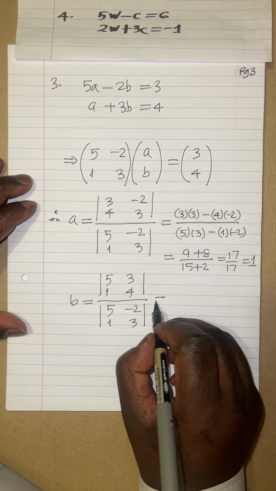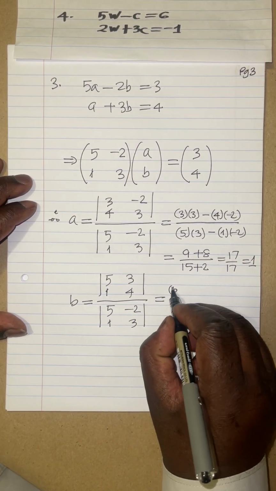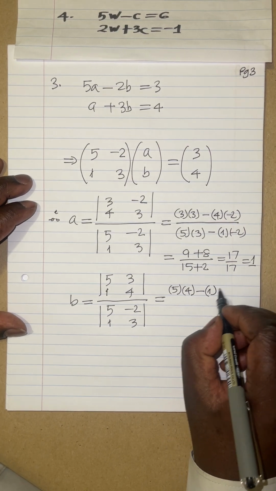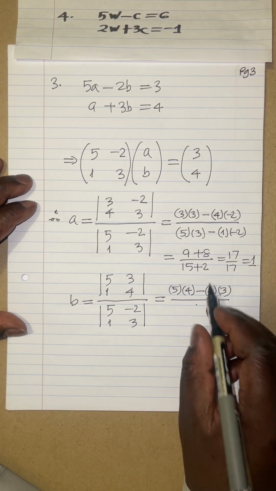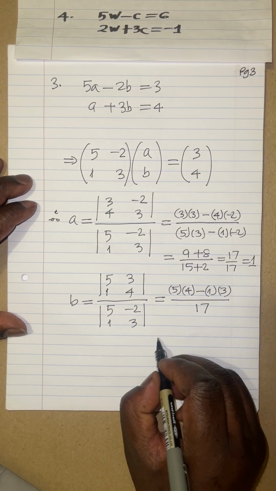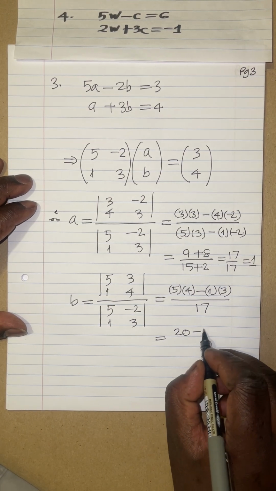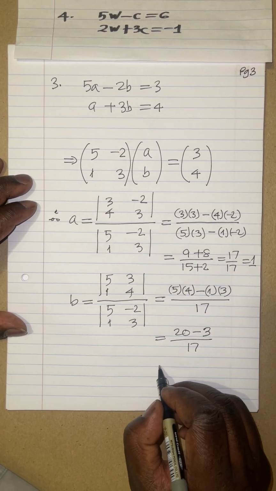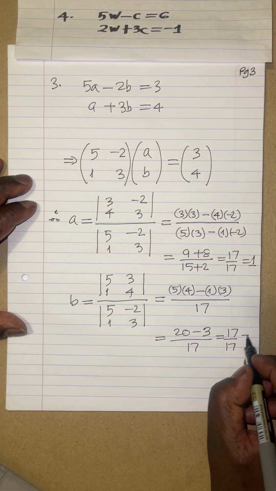We know the result in the denominator, but in the numerator we have 5 times 4, the product of elements on the right diagonal, minus the product of elements on the left diagonal. We're dividing that by this one here, which we've already evaluated up there as 17. Now that's 20. 4 times 5 is 20, minus 3 times 1 is 3, all over 17, and the answer is 17 over 17, and yes, the answer is 1.